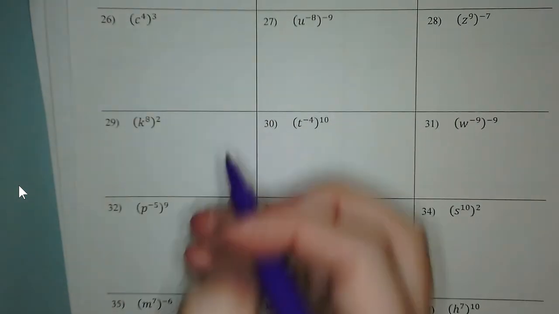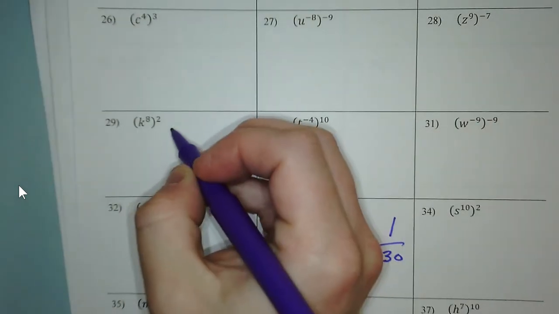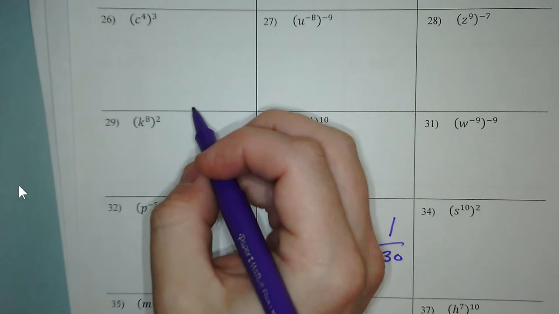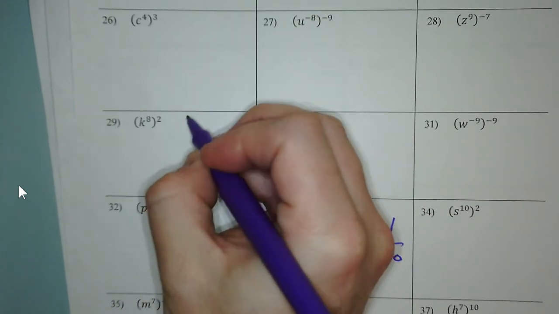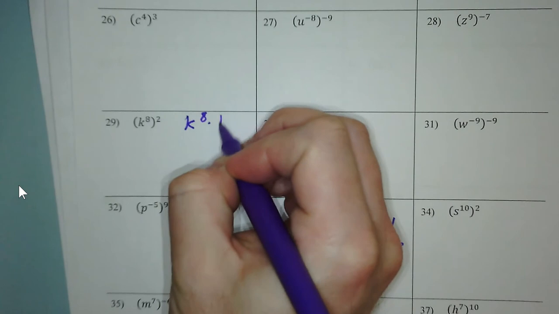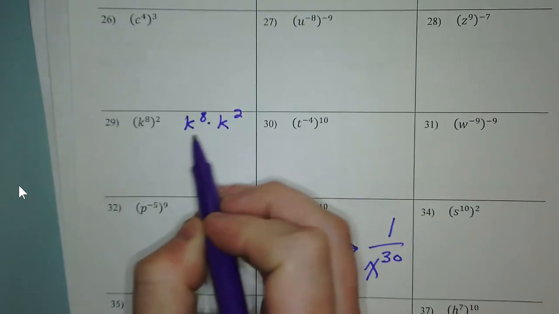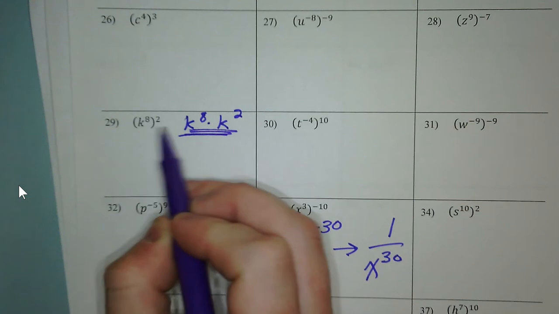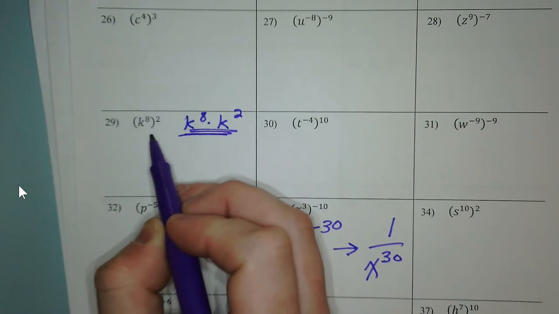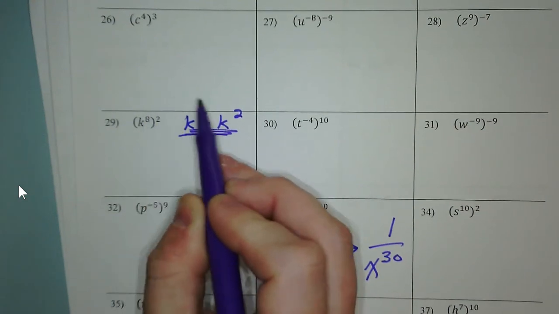Add? Multiply. Okay, look. I don't want to be a stickler or a nag or a broken record, but we have got to know the difference between this, where you would add powers, and this, where you multiply powers, when it's a power to a power.